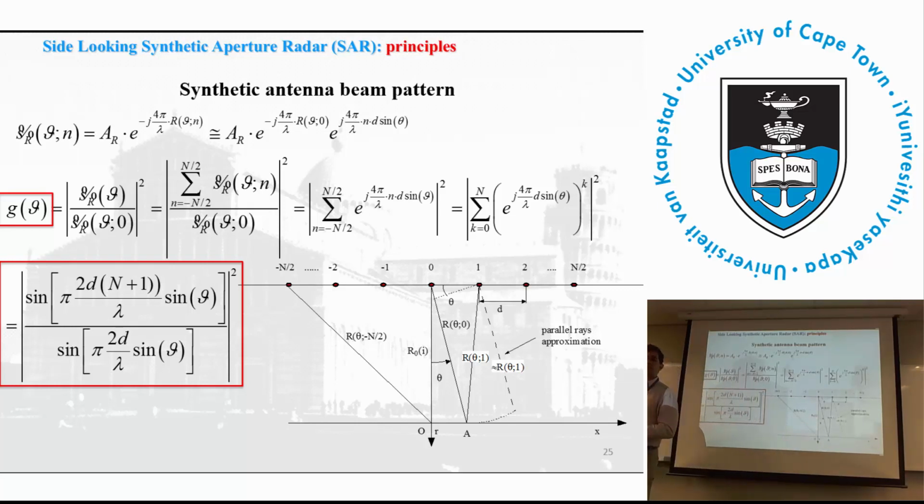That i depends on which range cell we are considering on the ground. We don't want to form an image of only one point, okay, on the ground, but we want to do it for all possible range cells that we are illuminating within our swath. Okay?